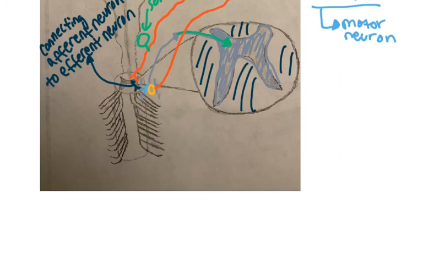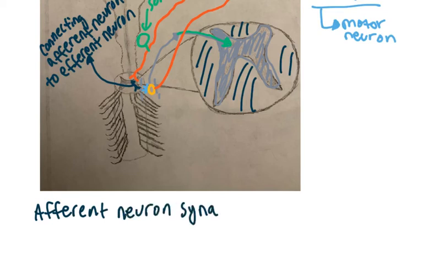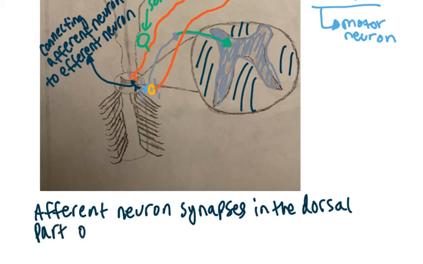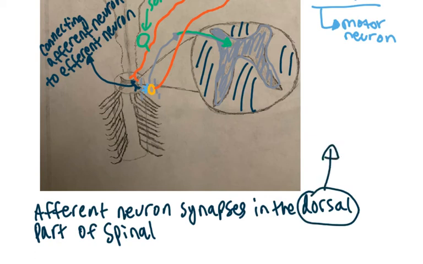So we said that the afferent neuron synapses in the dorsal part of the gray matter of the spinal cord, right? Dorsal is the same thing as posterior. So I'm just going to write that down. Dorsal is the same thing as the posterior part of the spinal cord.